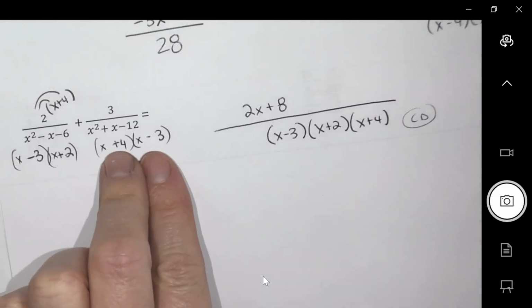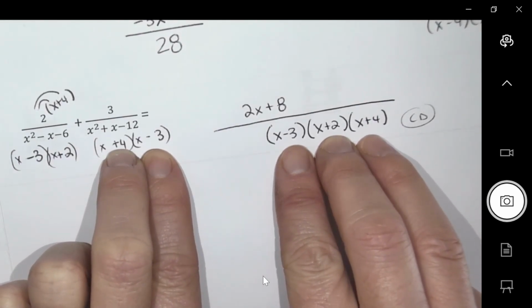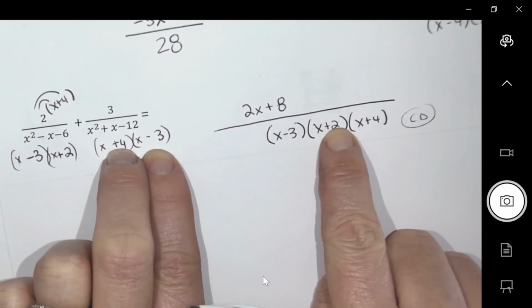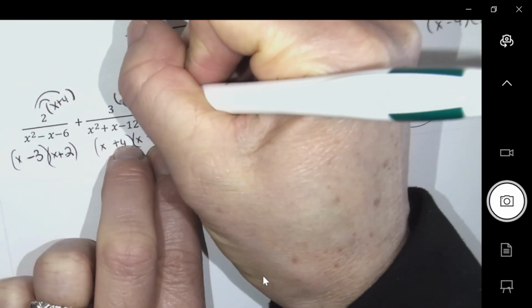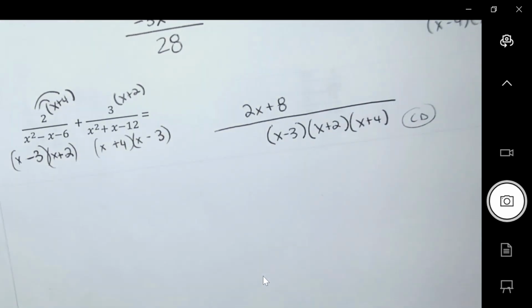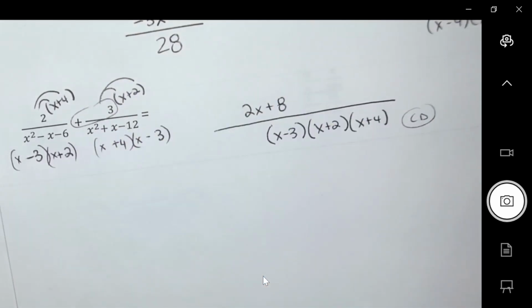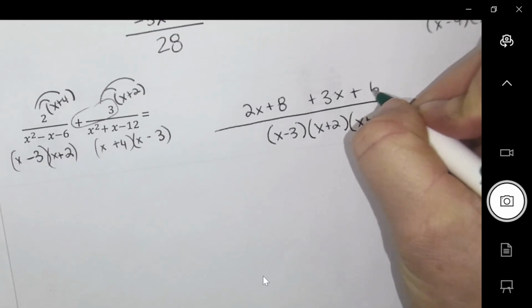Okay, now I'm looking at this fraction and this. What happened? I multiplied this by x plus 2, so that was different, so I will also have to do something different on the top. Okay, you're distributing a plus 3, so plus 3x plus 6.